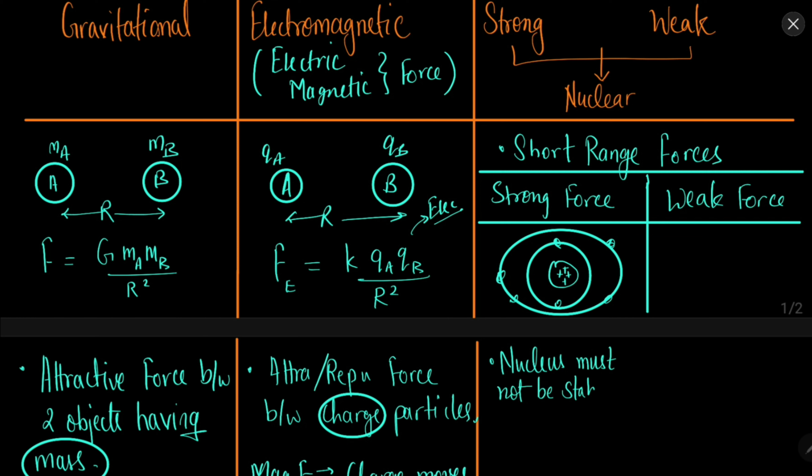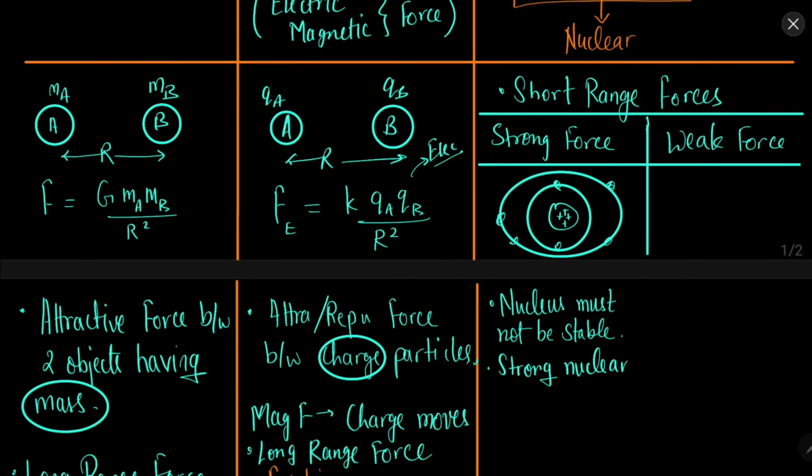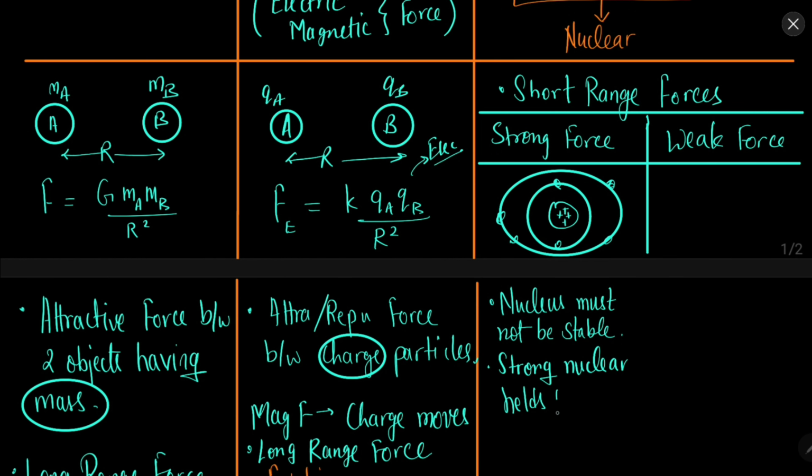Okay, and the protons must fly apart because of the repulsion. But there is this force called the strong nuclear force. The strong nuclear force holds the nucleus together, holds the protons together, because of which the protons do not move apart.